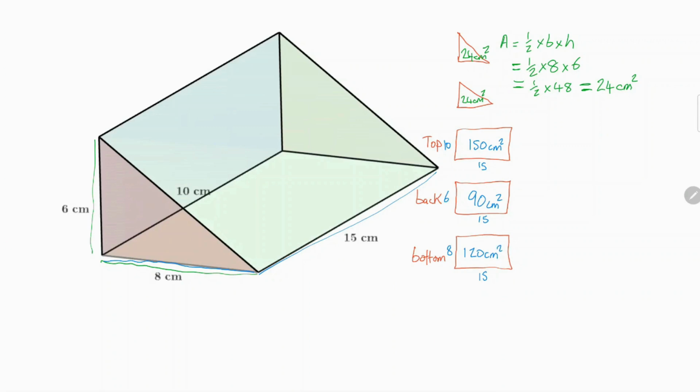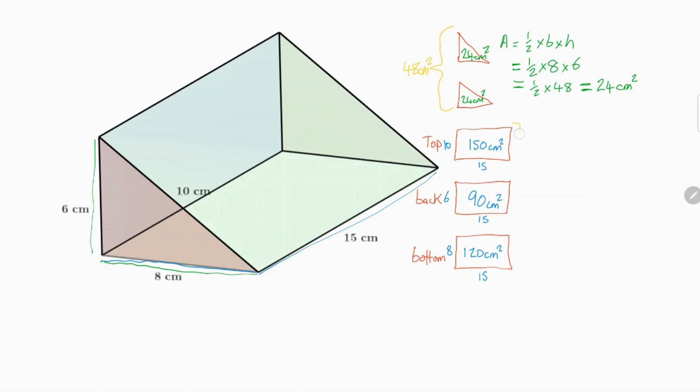Okay, so now in order to find the total surface area, we're going to add the areas of each face in order to get this total surface area. So let's add them together. So we have 24 plus 24, which is 48 centimeters squared.